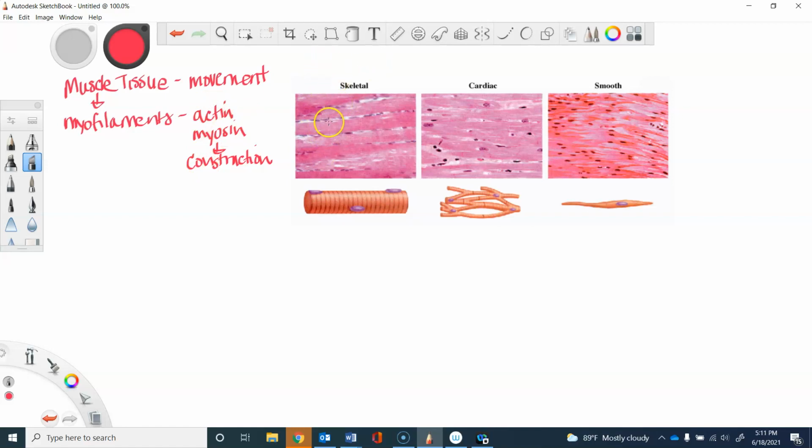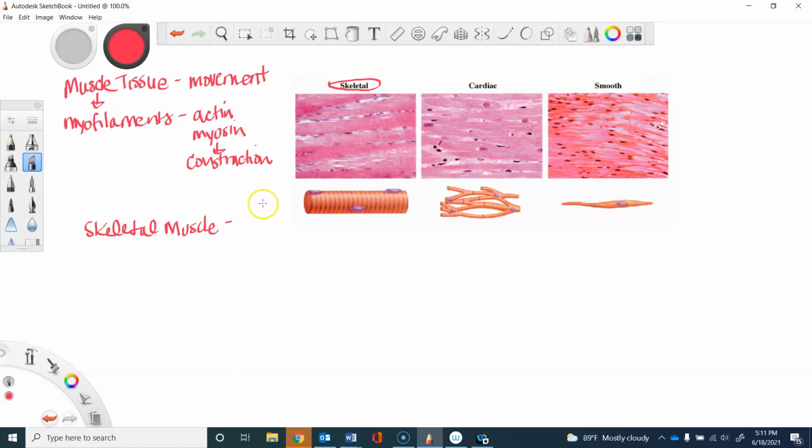There are 3 types of muscle tissue. The first one is skeletal muscle. You can see that right here. And skeletal muscle, put that over here. Skeletal muscle looks like a bunch of ropes.